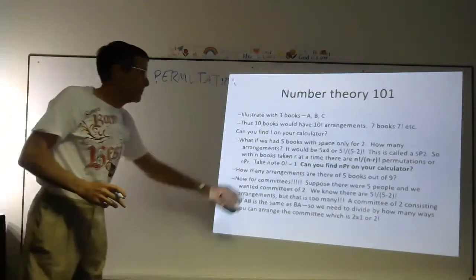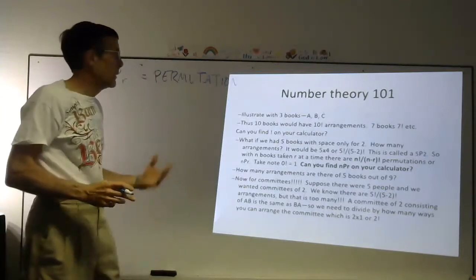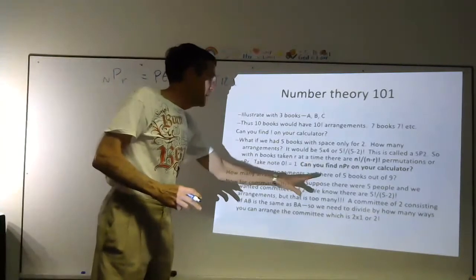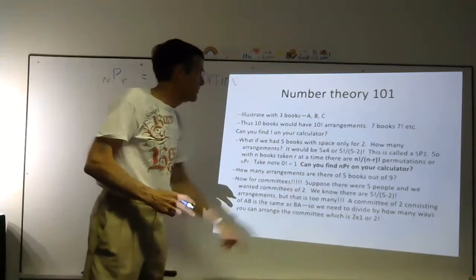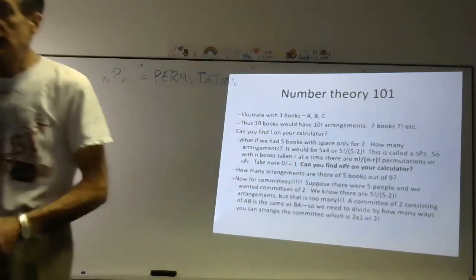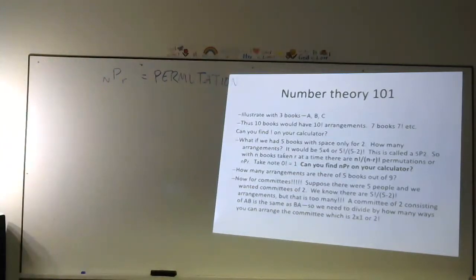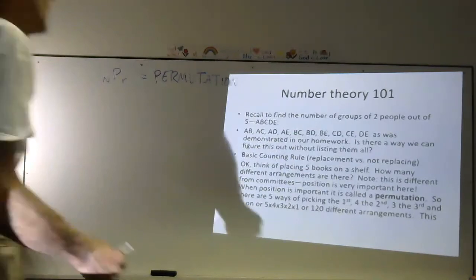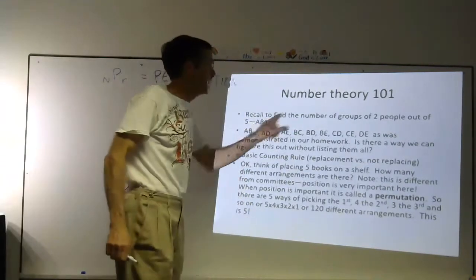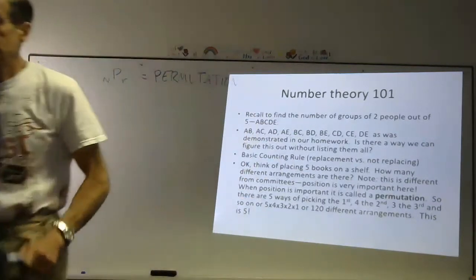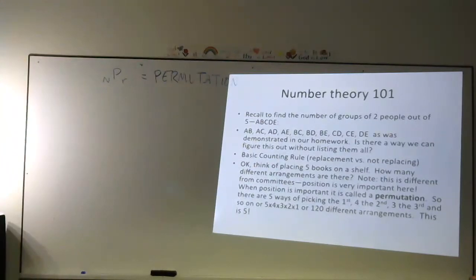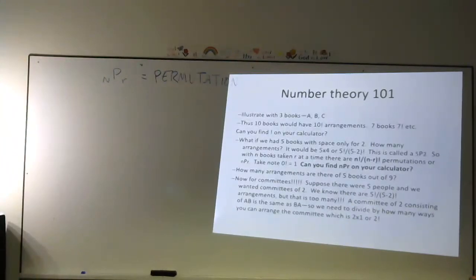Now let's talk about committees. Suppose there were 5 people and you wanted committees of 2. This is back to what we did here. 5 people and you want groups of 2. Is there a way to do that without listing them all?